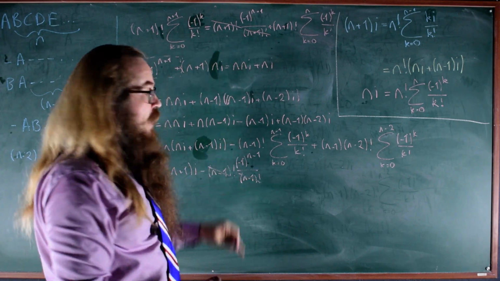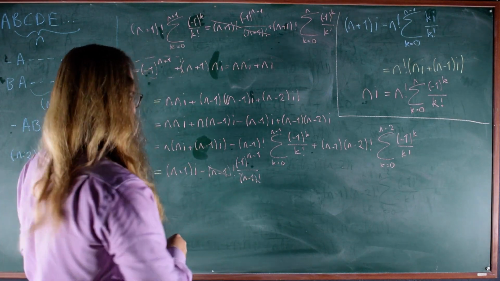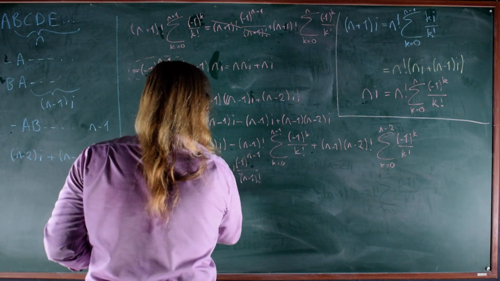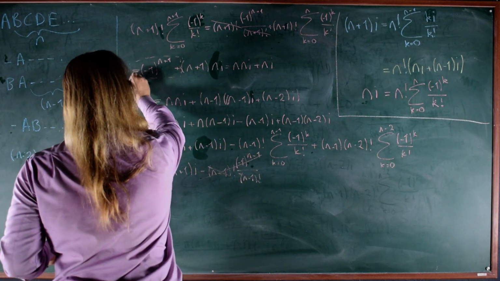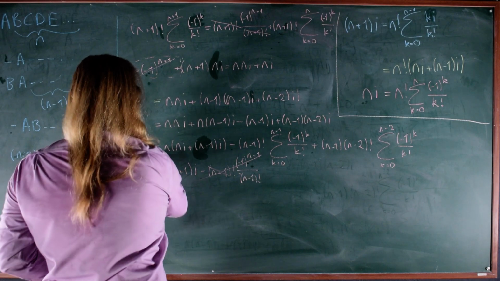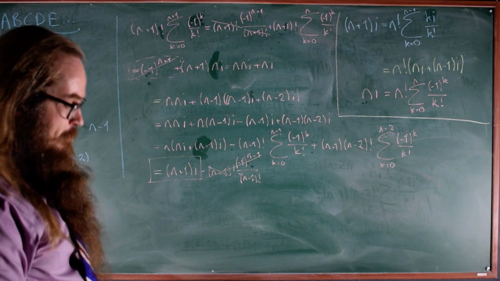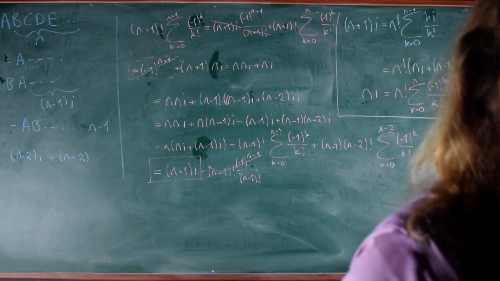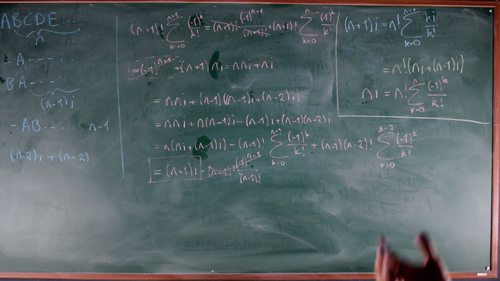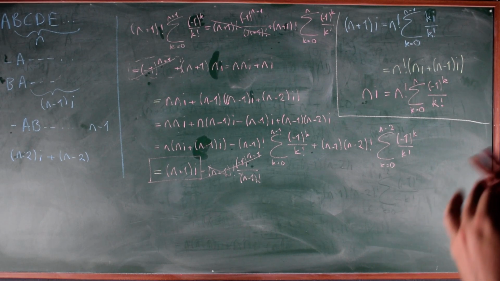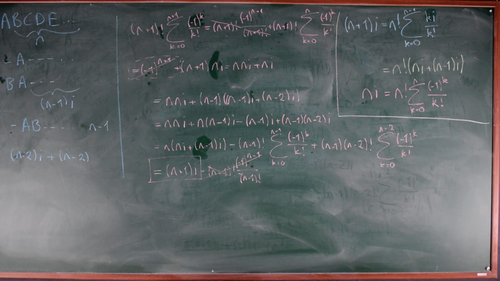Which means that when we subtract these two, they cancel with each other. So this whole thing cancels with this thing, and what we're left with is this beauty here. Isn't that wonderful? Again, this is probably way more complicated than it was necessary, but this is whatever I came up with.